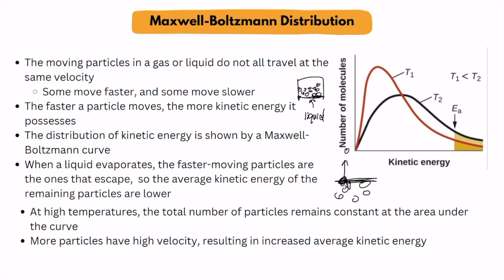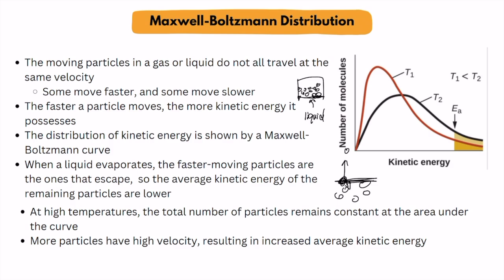Because this one escaped, the average kinetic energy of the remaining particles will be lower. And at high temperatures, the total number of particles remains constant at the area under the curve. And the more particles that have higher velocity, you will have an increased average kinetic energy.